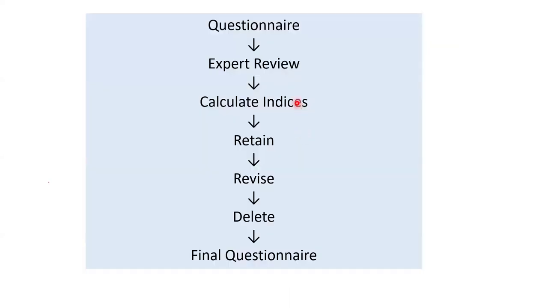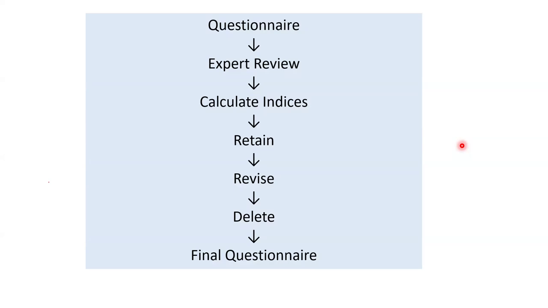So again, I've told you that after the expert review, you do your content validity, means you calculate these indices. So you form your panel of experts, you design your tool, you give them the tool, they have to look at the items, give the scoring, you get the input from the experts, then you do your analysis. Now you can do this analysis very easily in Excel.